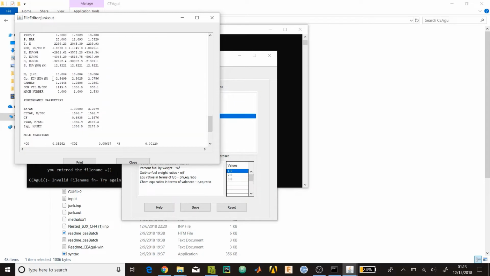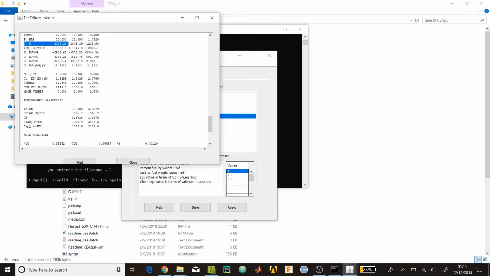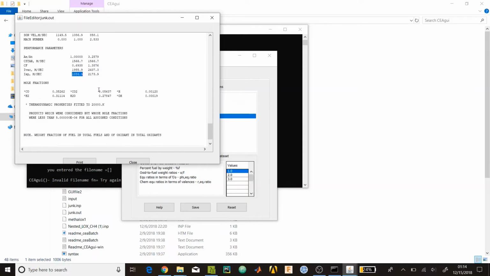So here are the calculations, and these numbers are extremely useful. But what we're actually going to focus on for now is just the temperature in Kelvin in the chamber, about 2300 Kelvin, and ISP, which is specific impulse, it's around 1086. Let's just remember that.